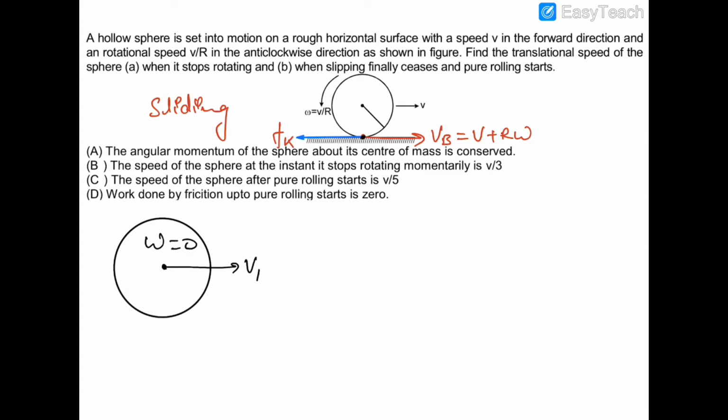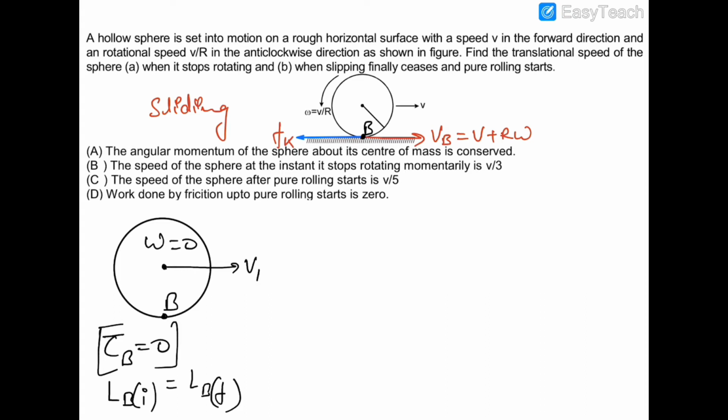Now you can see that if we extend the friction from this point to this point, then this friction is passing through point B. Therefore the torque acting on this sphere about point B will be 0, and therefore we can conserve the angular momentum about point B.